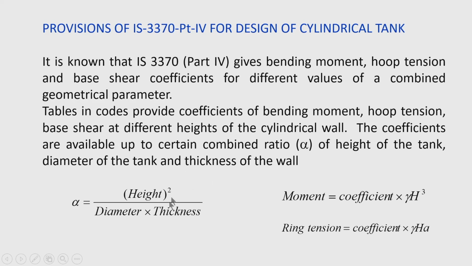However, using the general theory, the coefficients can be generated for different values of alpha also. Once the coefficients are known, the moment is given by coefficient into gamma h cube, where h is the depth of water. Ring tension, that is the hoop tension developed, is coefficient into gamma d h.